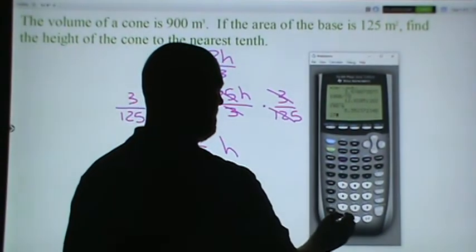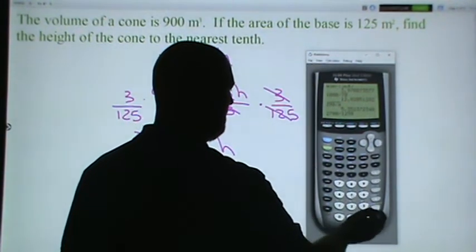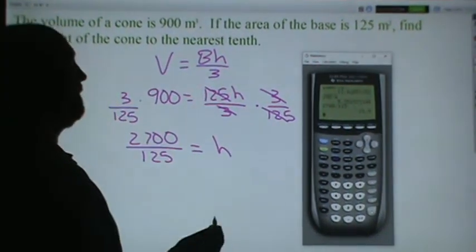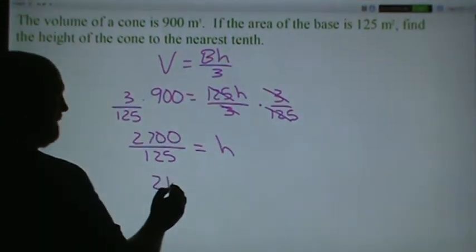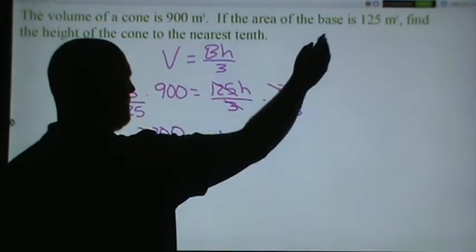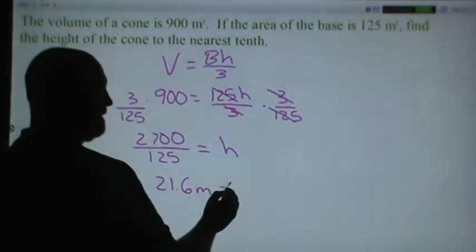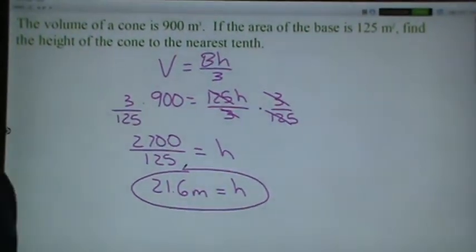So 2,700 divided by 125, and I get 21.6. That worked out really well. I didn't have to round anything. 21.6. My unit, this was meters cubed, that was meters squared. This is going to be meters because it's a height. And I'm done with that problem.